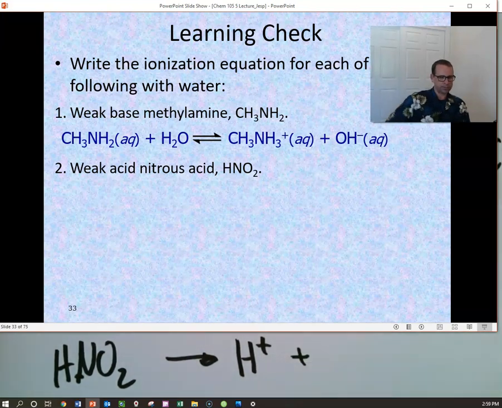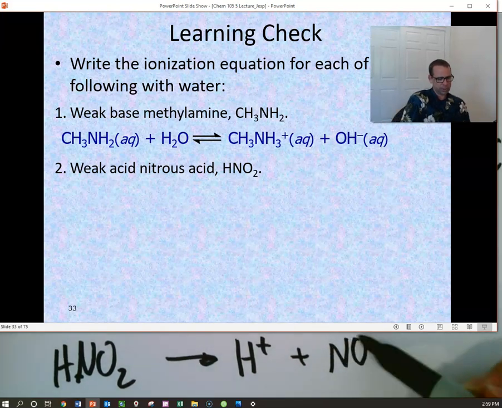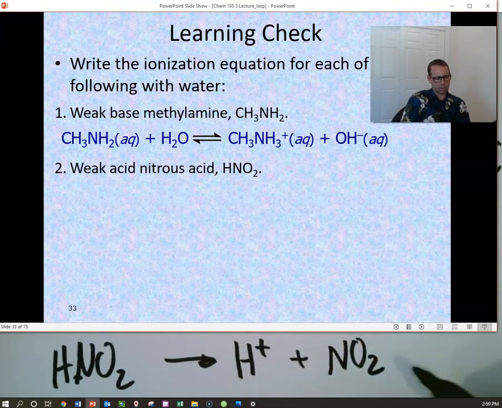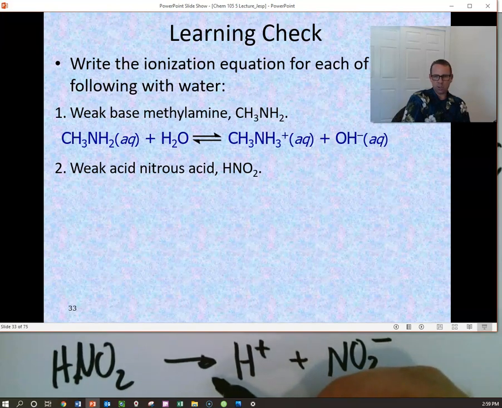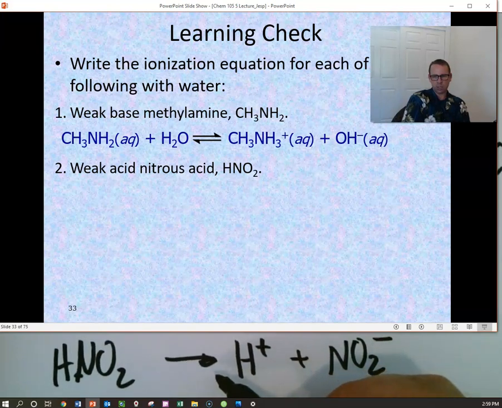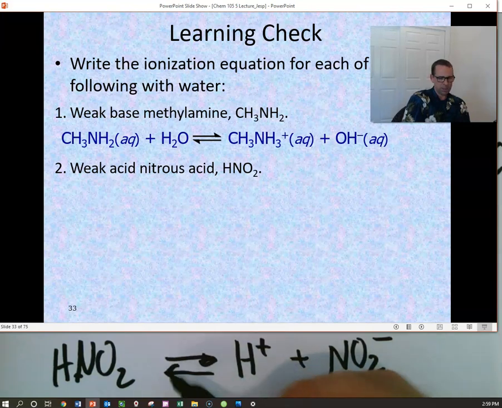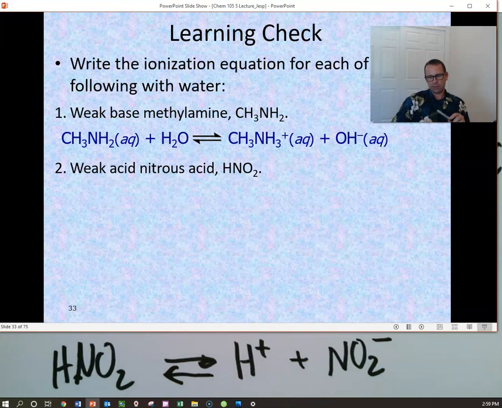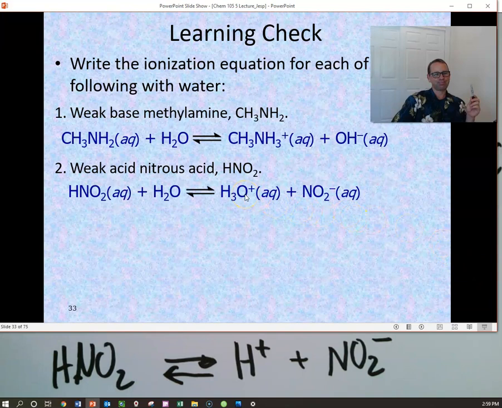And then what else? NO2. Does it have a charge? NO2 minus, right? Very good. And then do I have to do something special with the arrows here? What do I have to do to show that it's a weak acid? Draw one the other way. Double arrow, right? Very good. Okay, so we have a weak acid.